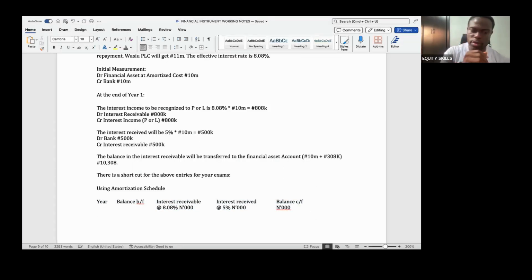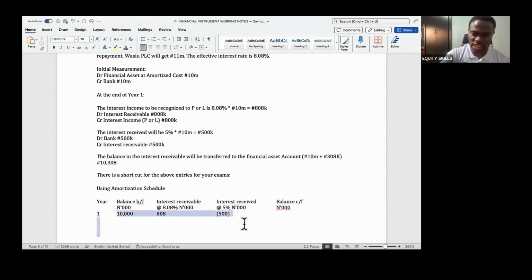So in year one now, the investment was, okay, let me put 10 million. The interest receivable was 808, which is 8.08% times this. The interest received is 500, which is 5% times this.